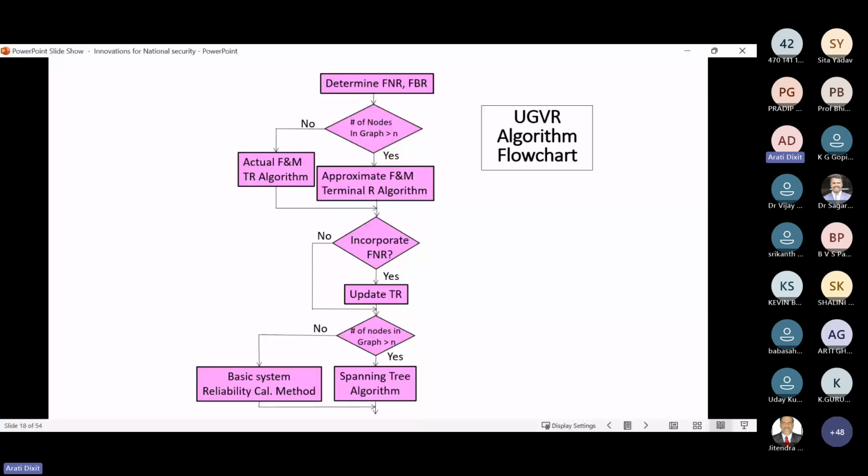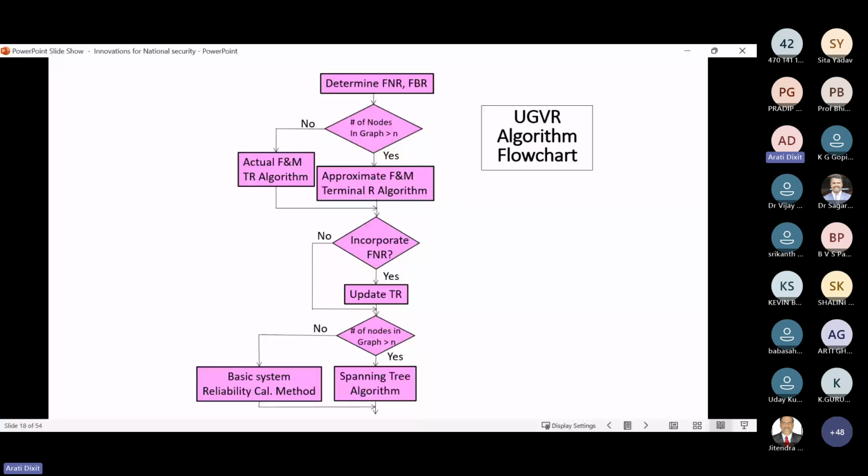So let me give you a quick bird's eye view of what was done here. We determine the reliabilities of nodes and branches and decide, depending on the number of nodes in the graph, whether we can really go for the actual method of evaluating reliability, or we have to use an approximate method, because it can be expensive. The complexity of this can be really bad if we have a huge number of nodes. So approximation would make more sense in that scenario.